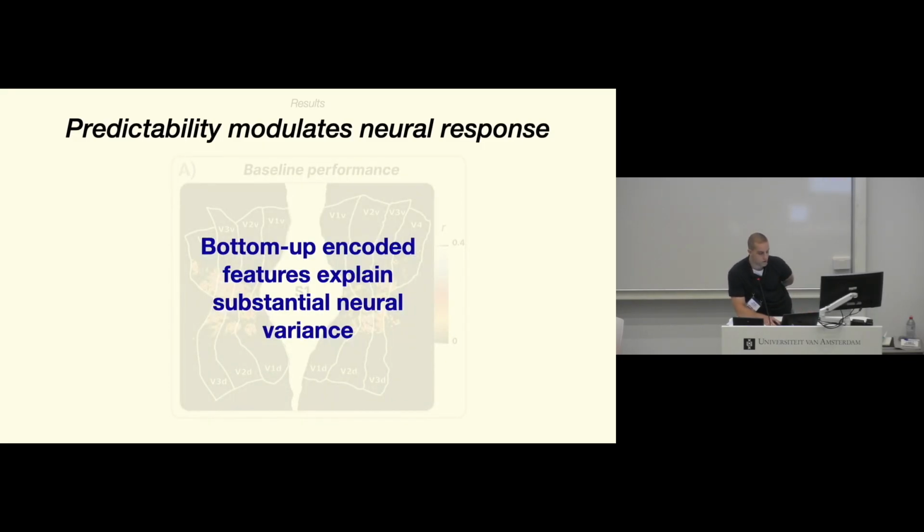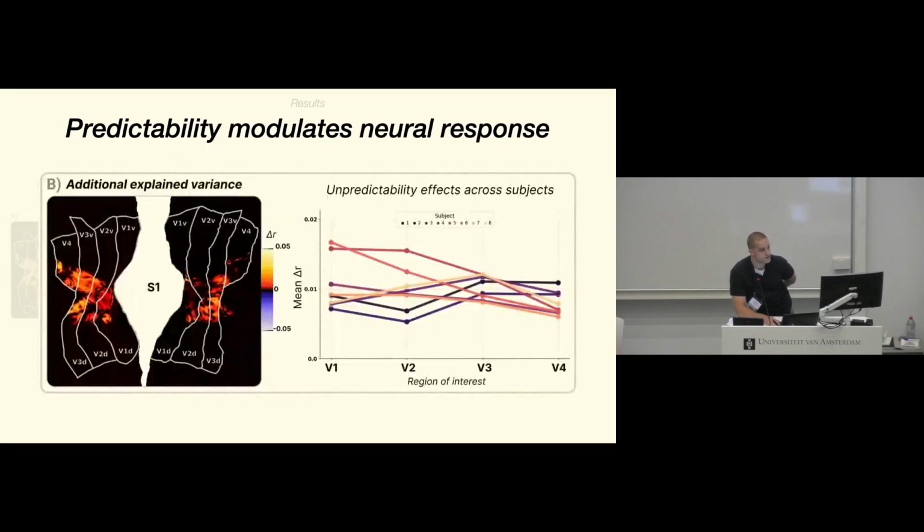Then we could move on to the unpredictability estimates, and we wanted to see whether our unpredictability features could explain more neural variance in addition to this baseline. And we see that this is indeed the case. This is indicated by the figure being red and not blue, generally. And this was the case for all subjects and all ROIs we included in our analyses.